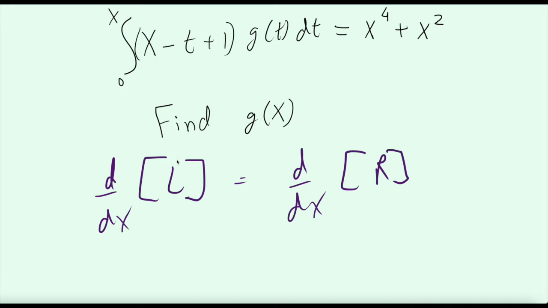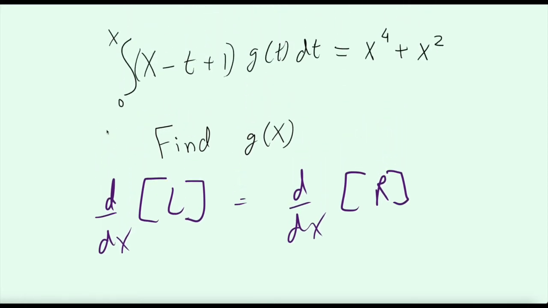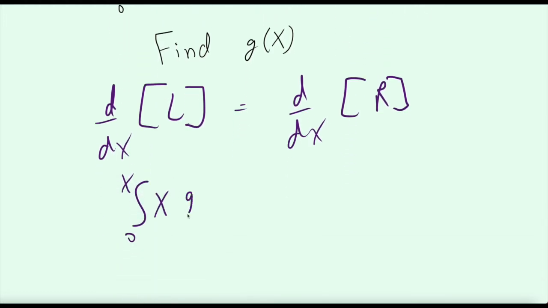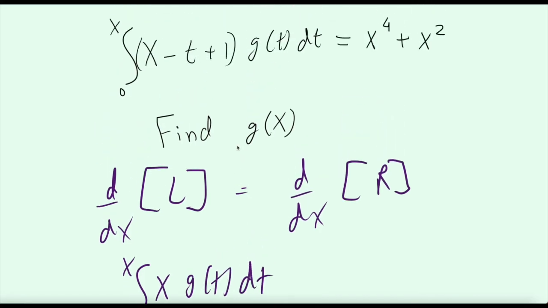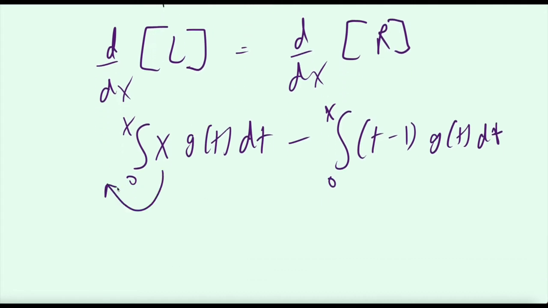Now let me simplify the left part. We can use a sum rule in division like this: integral from 0 to x of x times g(t) dt, minus integral of (t minus 1) g(t) dt from 0 to x. Now if you look at it, x is not a function of t, so with respect to t, x is basically a constant, so you can take x out over here.